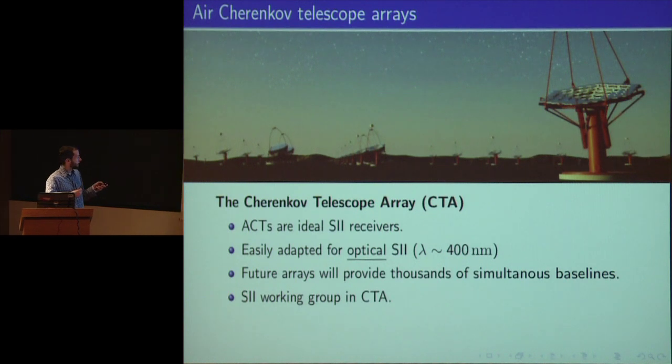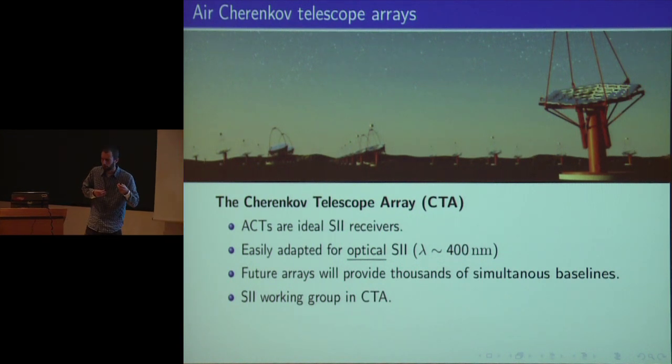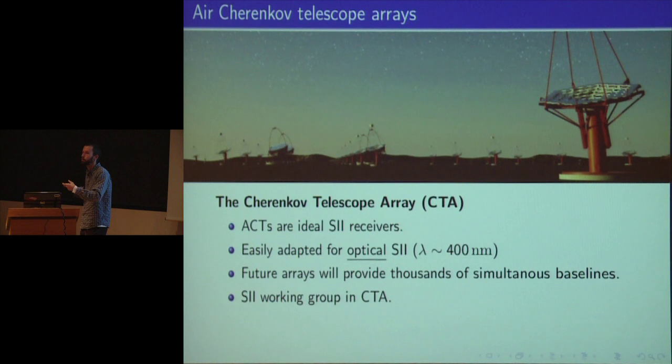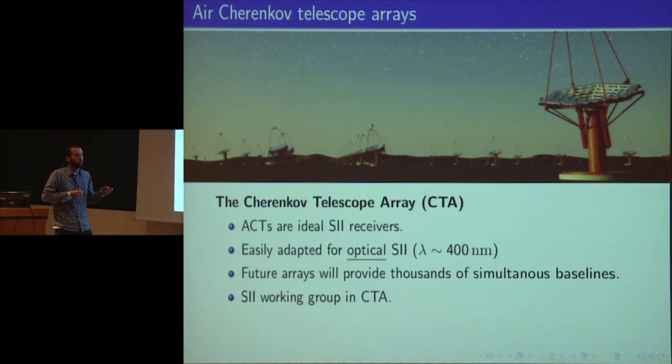With their large light collecting areas, they are ideal stellar intensity interferometry receivers, and they can be adapted for intensity interferometry at optical wavelengths. A common question is people sometimes think that we want to do intensity interferometry at gamma rays. That is not true. We would like to use gamma ray detectors to observe at optical wavelengths.